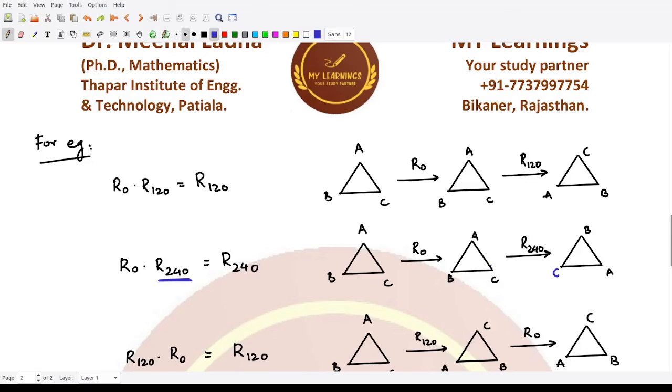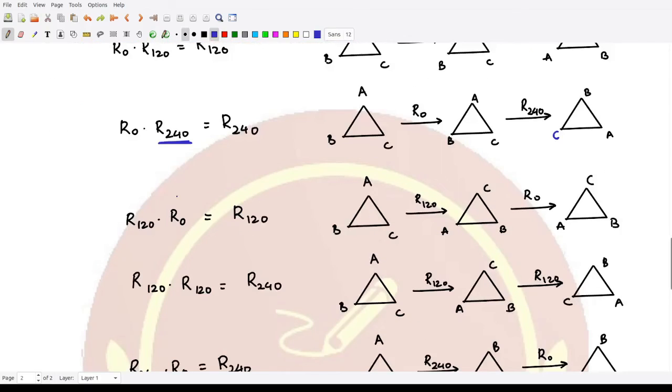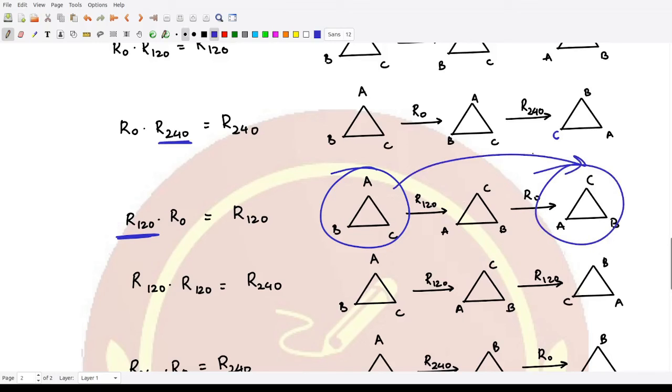Next, we first apply R120, so A would go to B, B would go to C, C would go to A, and hence we would have this triangle. Next we apply R0 onto this triangle, so we are doing nothing. So for moving from here to here, we are applying R120, again a rotation.